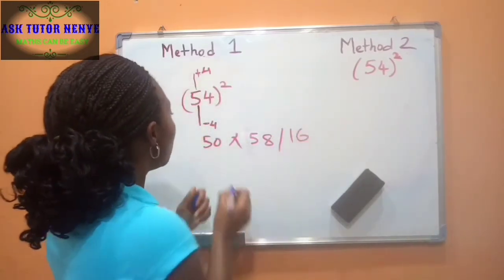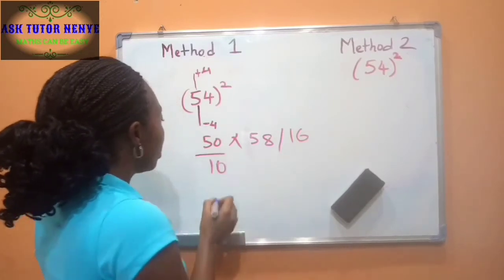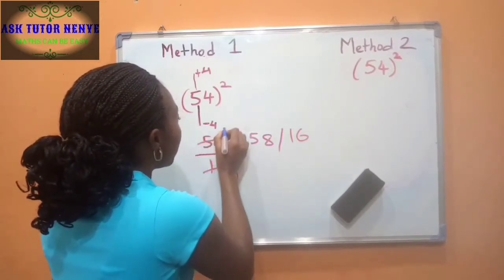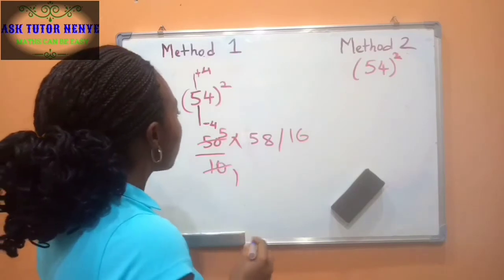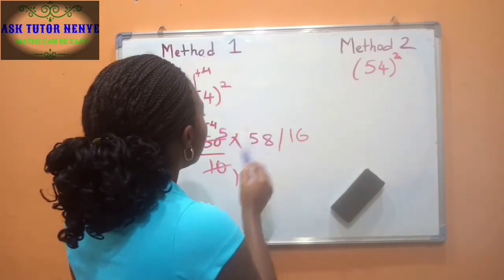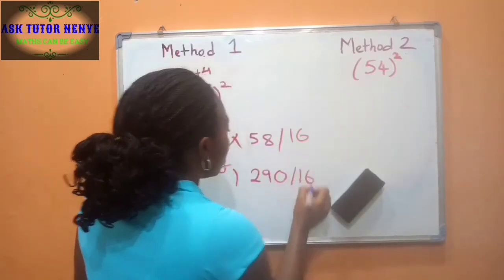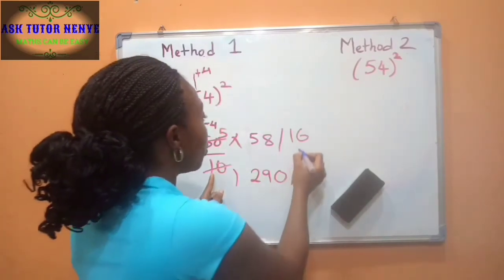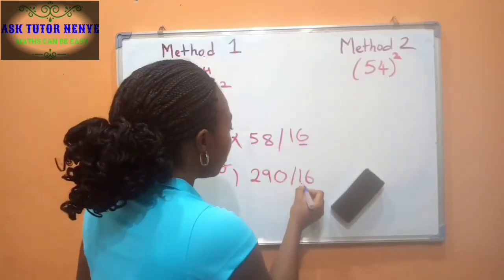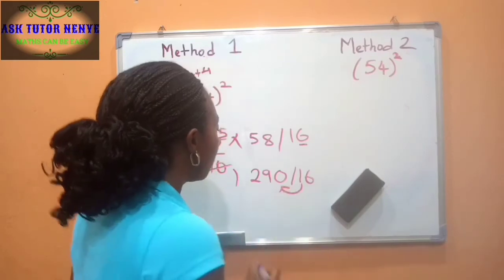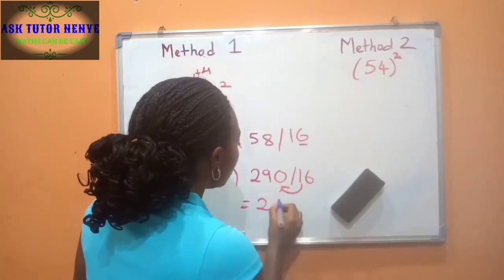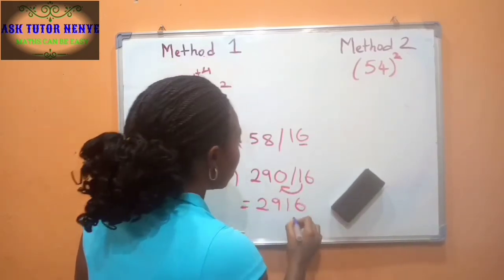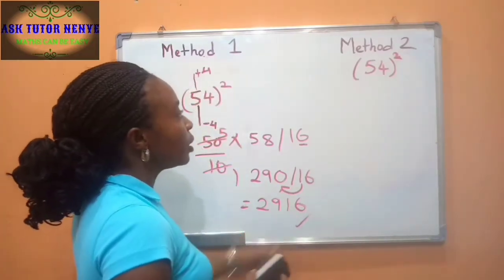So the next thing, we divide here by 10. 10 go here 1, 10 go here 5. 5 times 58. So the next thing, since we have 1 0 here, we can only have one digit here. Simply add 1 to this 0, and we are going to have 2916.